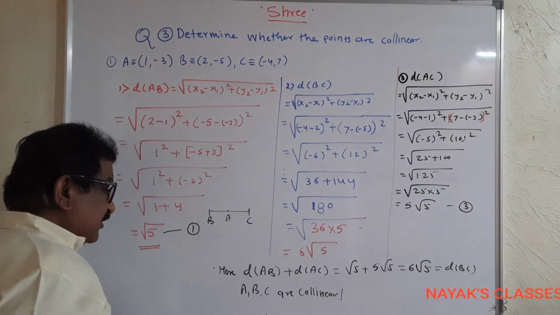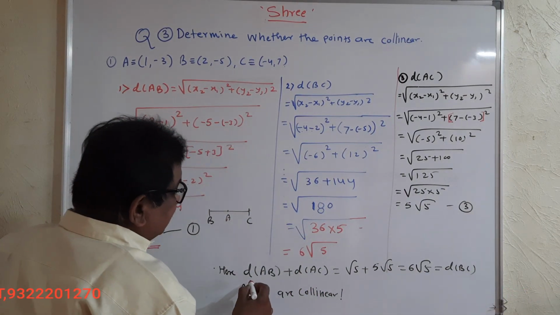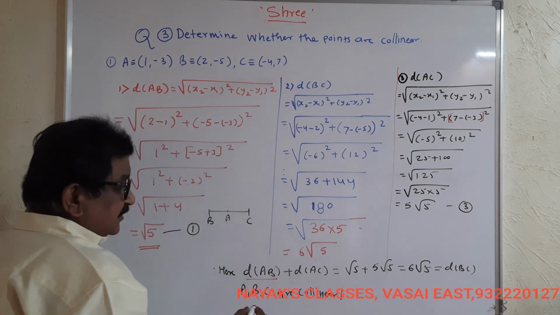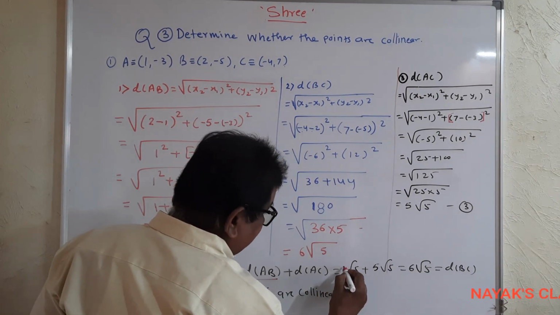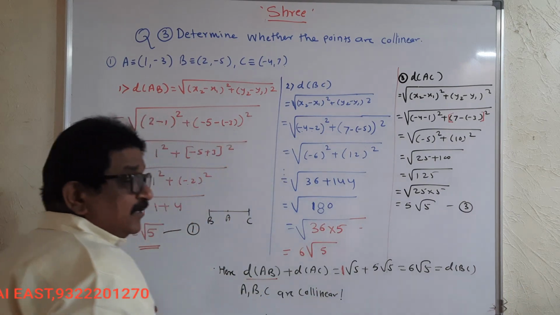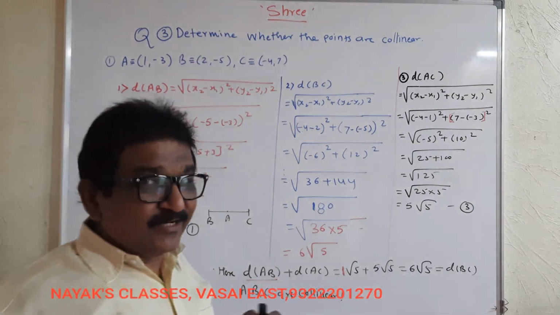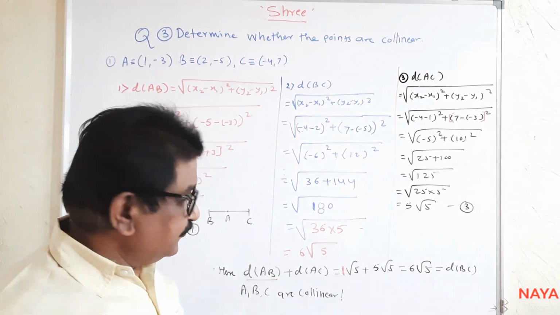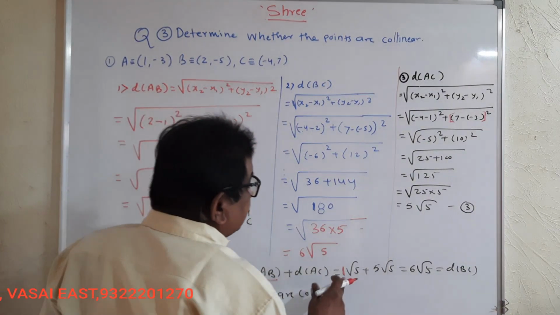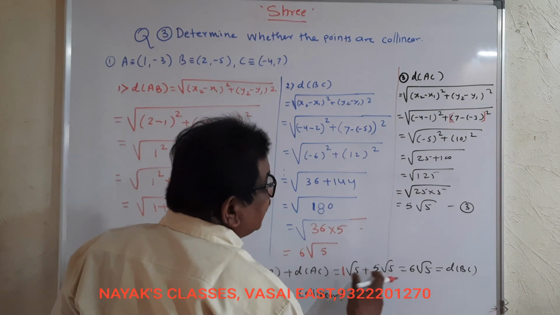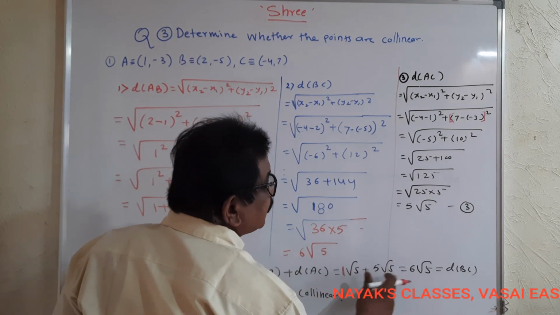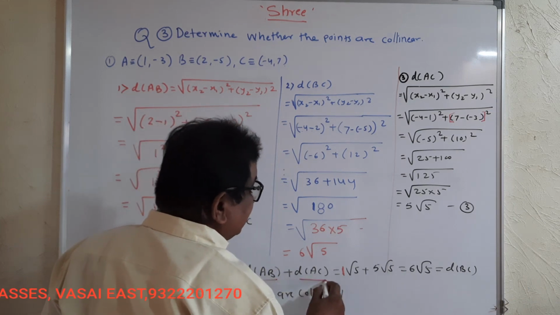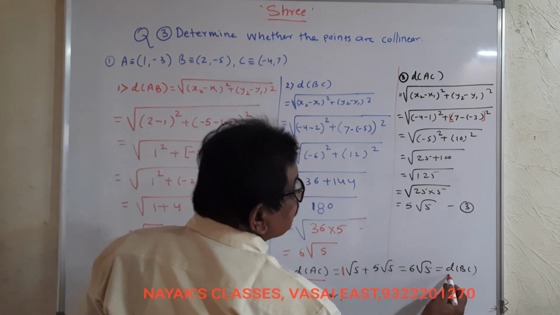Now the condition. Distance AB is root 5, and distance AC is 5 root 5. You learned this in ninth standard. So 1 plus 5 is 6, and root 5 is common. So distance AB plus distance AC gives us distance BC.